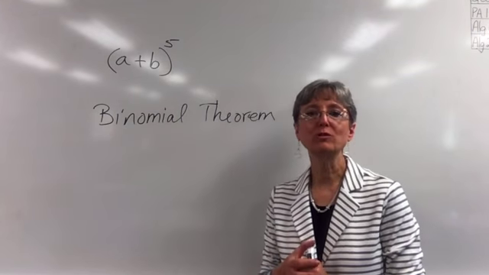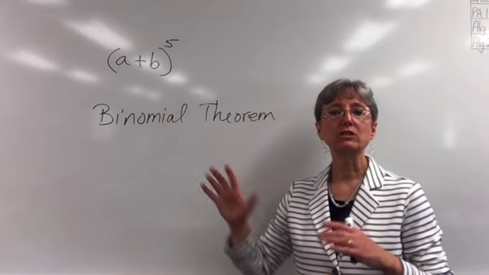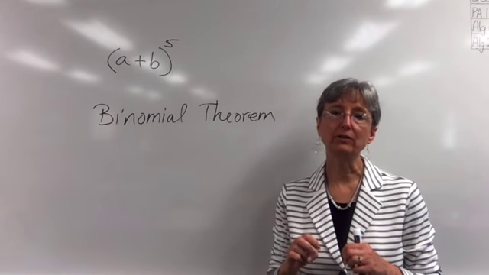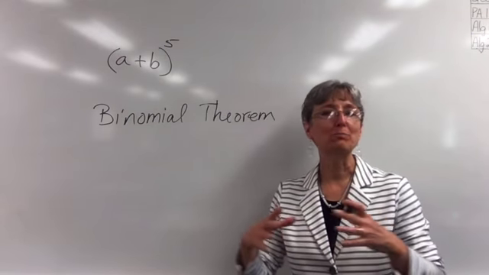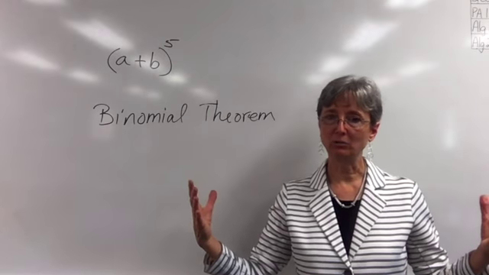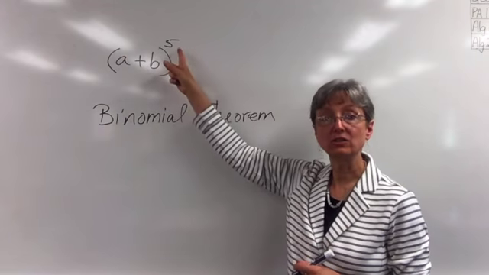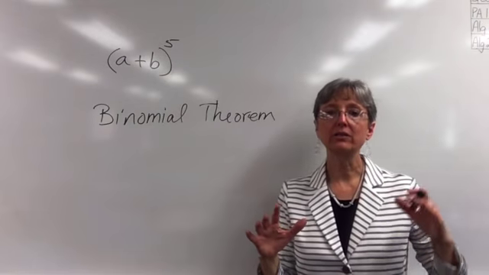So I'm going to show you the binomial theorem, which is a shorthand pattern that you can follow to expand any binomial raised to any degree. So this pattern is the way to do it.